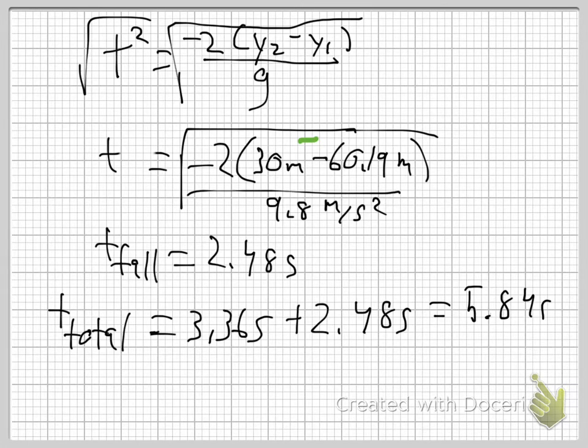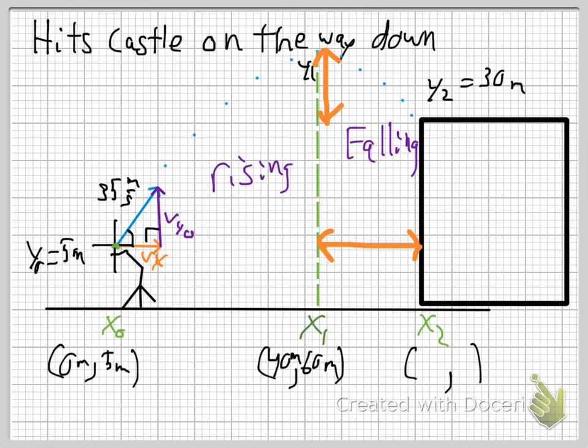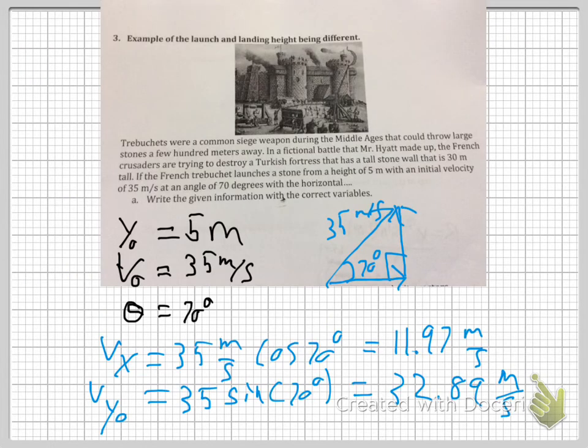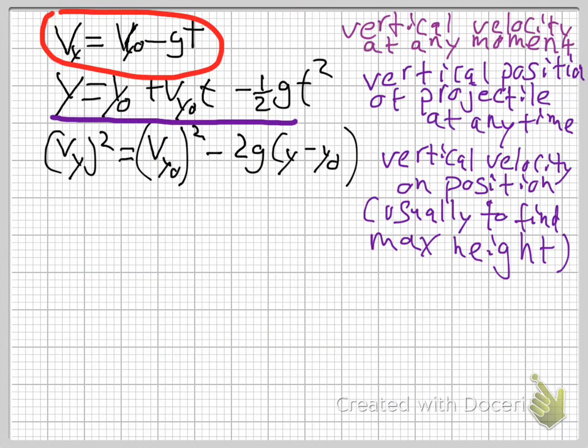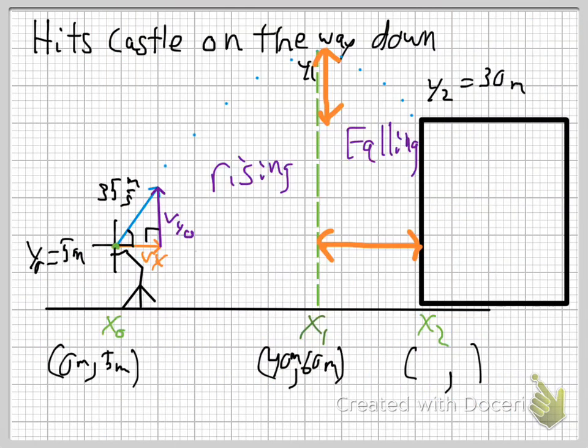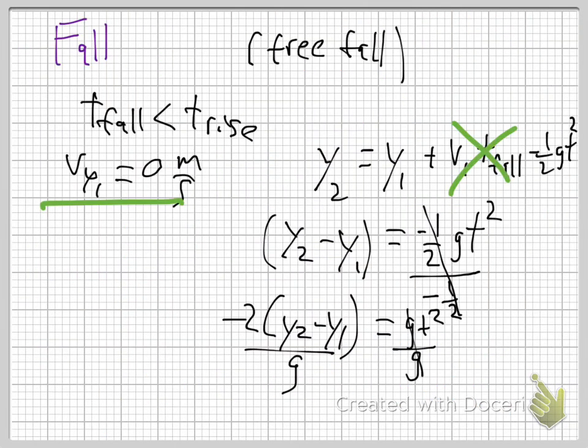So now that we know the total time, remember this equation underlined in purple, the middle one, that's going to tell me where the projectile is vertically at any given time. That's what I'm going to use, now that I know the total time.